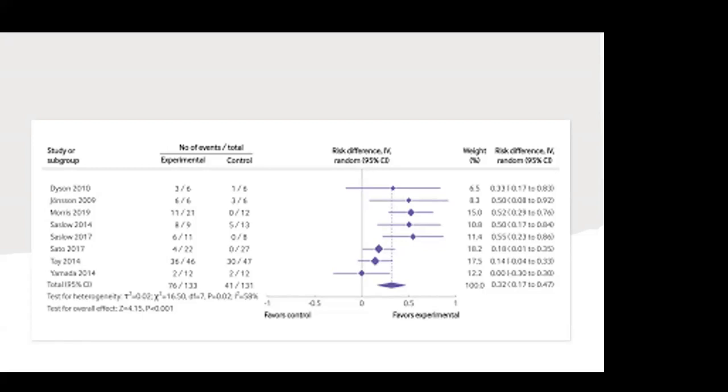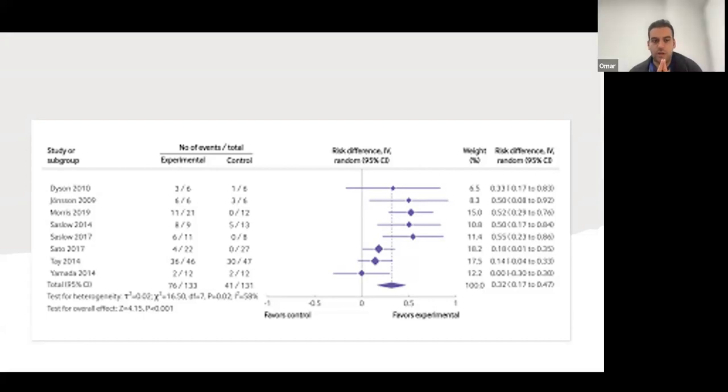The vertical line in the middle, which is zero, shows whether the groups are insignificant. The bigger the box, the more power the study has, and the rhomboid shape at the end is the sum of all these studies.